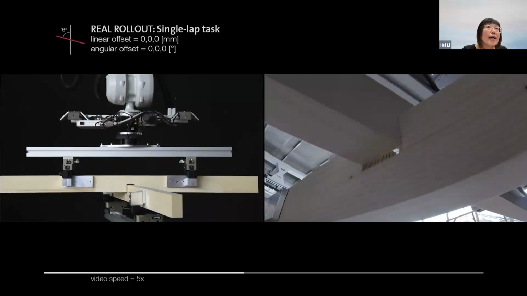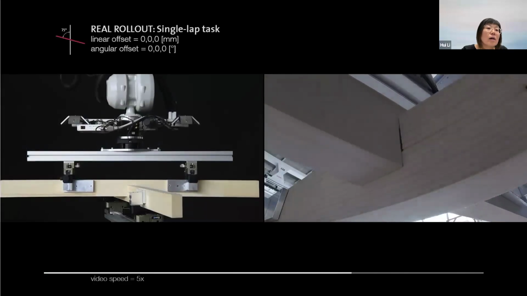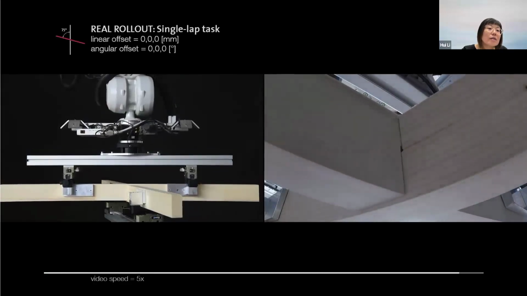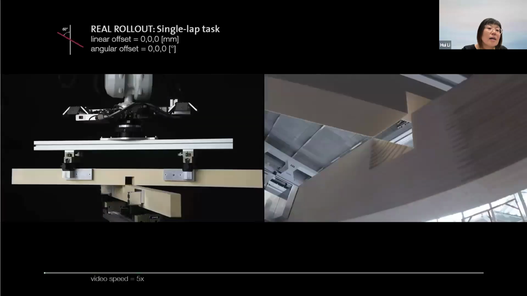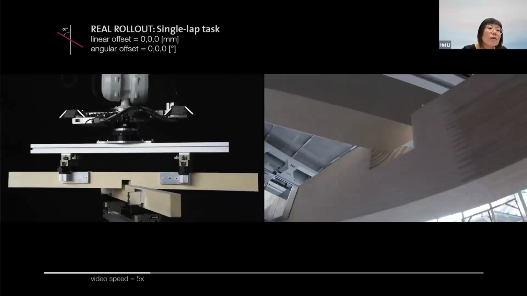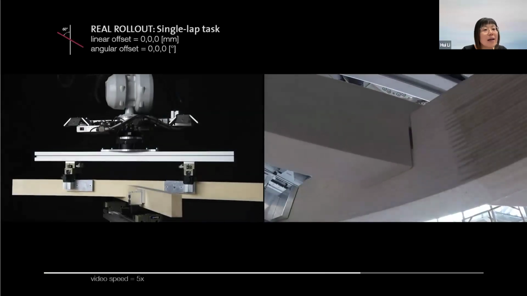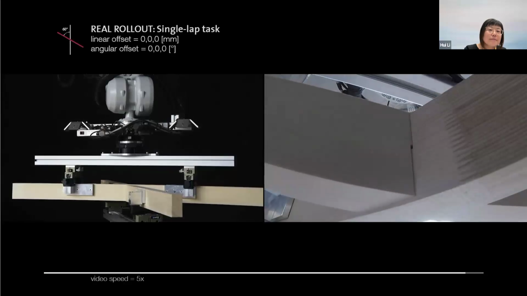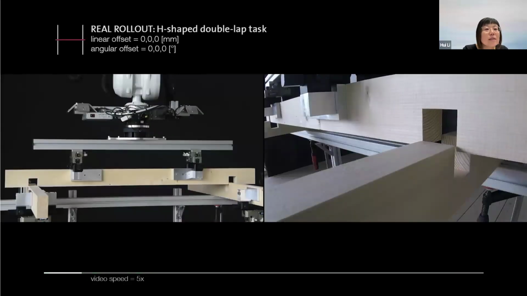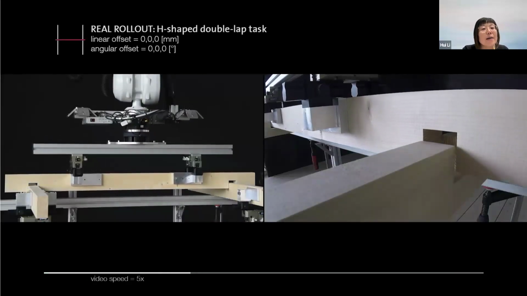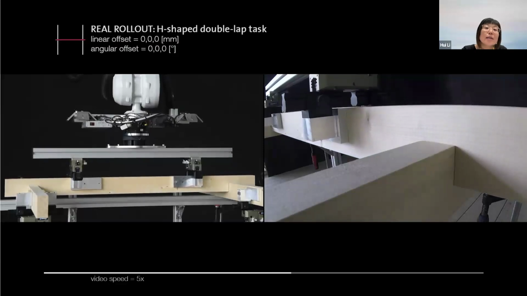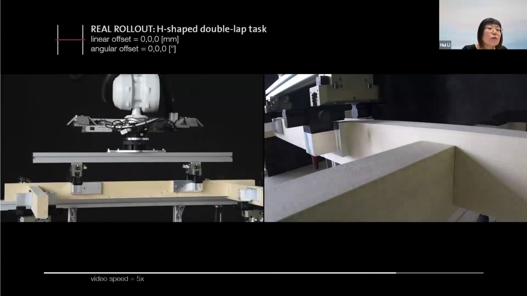It was trained on the 90-degree joint angle. We tested on 75 and then 60 degrees. It can still work, but it won't work beyond that. We can also train different policies for different joint shapes, for example, an H-shaped double lap joint.